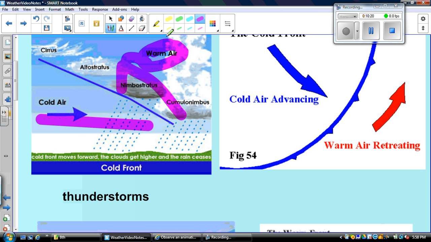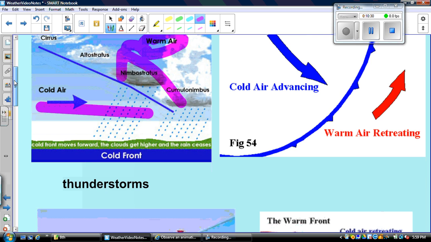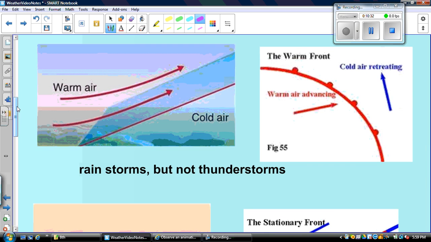So it pushes that warm air up really fast and really steep. That's why you get those thunderstorms, because you have a lot of clouds that are getting pushed up and you're forming larger thunderstorm clouds. When a warm air mass meets a stationary cold air mass, because the cold air is really not moving, the warm air just gently rises over the cold air.